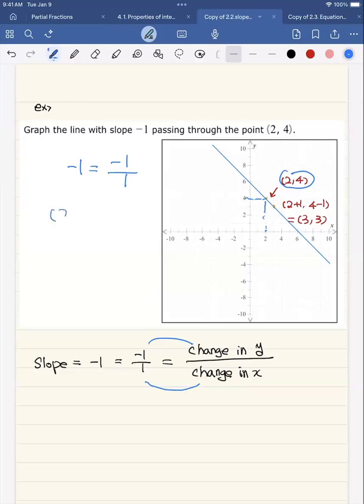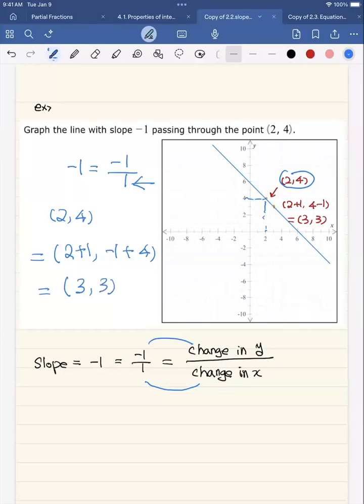So we have 2 and 4, and change in x is 1, so we have to add 1 here. And when x changes by 1, y changes by -1. So let's write down the original number first, 4 plus -1. So it must pass 3 and 3.